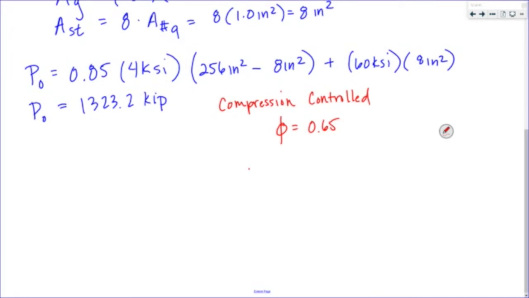So phi Po is 0.65 times 1323 kips, which is 860 kips.